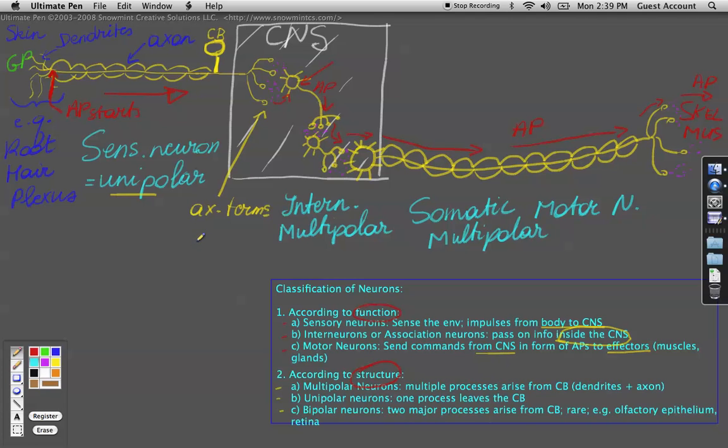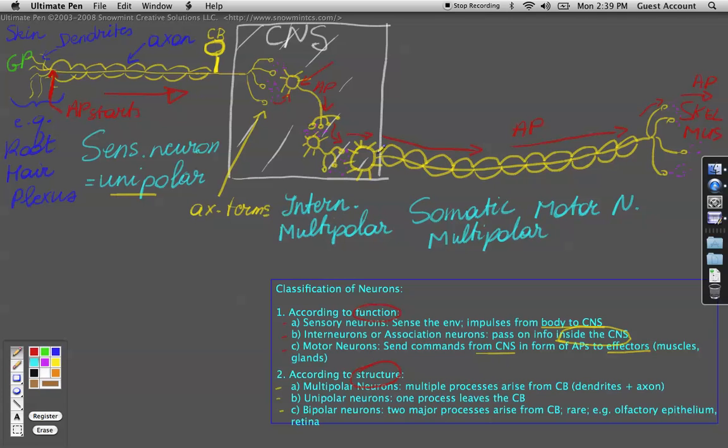I need for you to remember that the cell bodies of the sensory neurons are outside of the CNS, but their axonal terminals are inside. Interneurons are completely embedded inside of the CNS, and their function is to be sitting in between the sensory and motor neurons. Remember, interneuron, inter means in between, and that's also why they're called association neurons. They associate sensory neurons with motor neurons at some level or another.